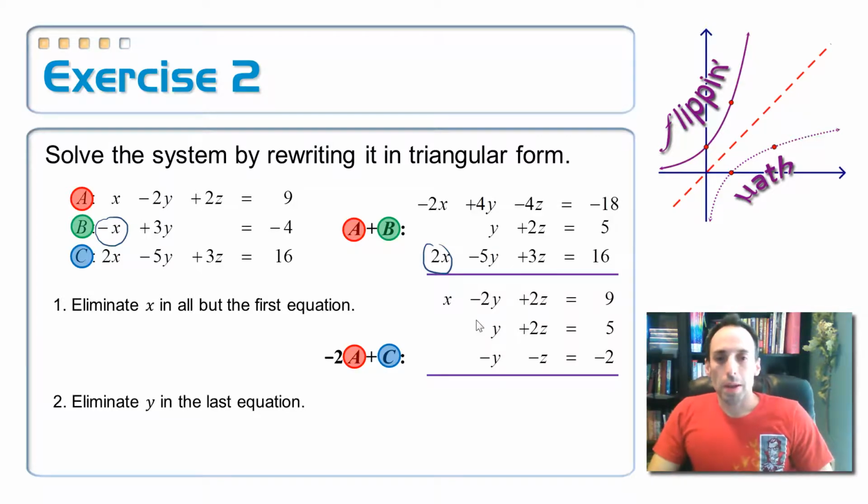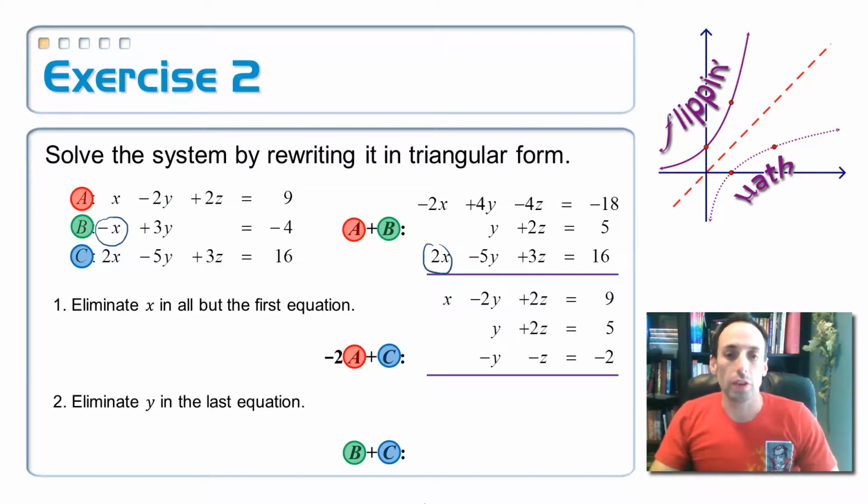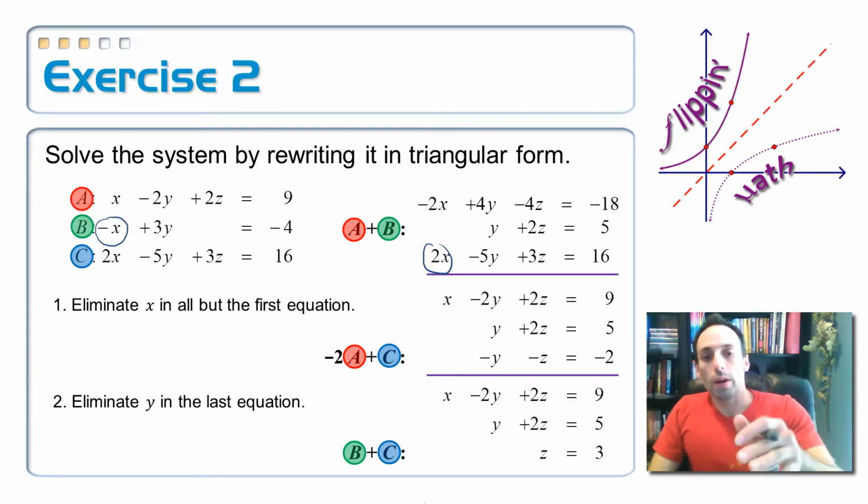Okay, so maybe you can see that to get rid of the y in that bottom equation, I can just add up B plus C to replace equation C. Okay, A will stay the same, B will stay the same, but my new equation for C is going to be no y's, because they will cancel. 1z is equal to 3.